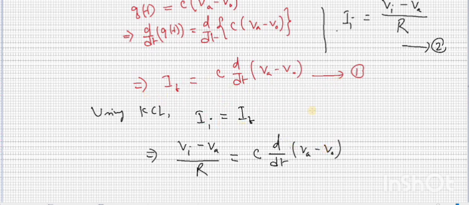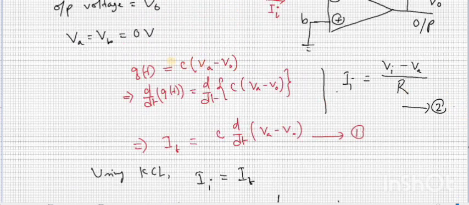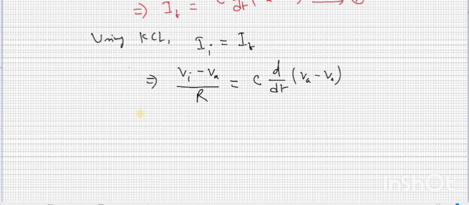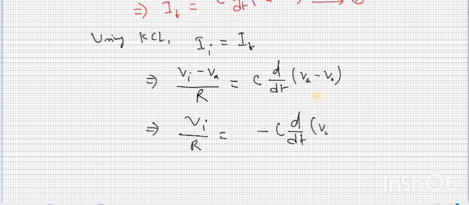Again, we have already discussed that the potential at point A is equal to the potential at point B, and is grounded, so it's zero potential. So Va is practically zero because the non-inverting terminal is grounded. This implies that Vi by R is equal to minus C d by dt of V naught. This term is zero, so we can write like this.